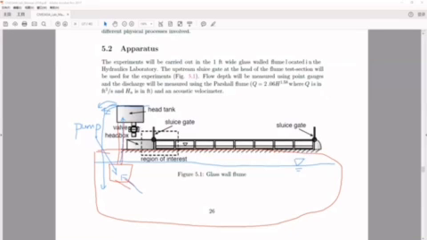If we open the valve to a certain degree, the water will come down into the channel. If the head tank is not full, when we open the valve the flow rate could not be constant. That's something we really don't want, because it makes measurement hard. What we want is a stable water surface so we can do the measurement.